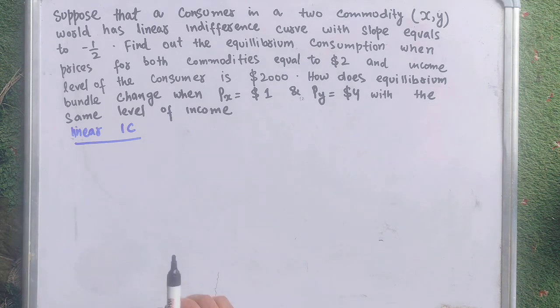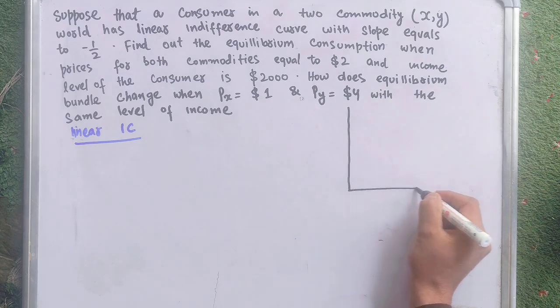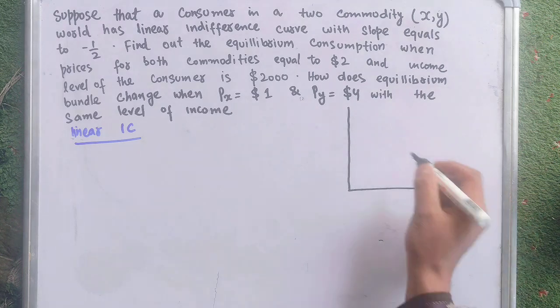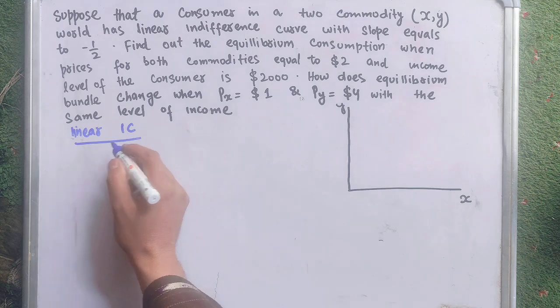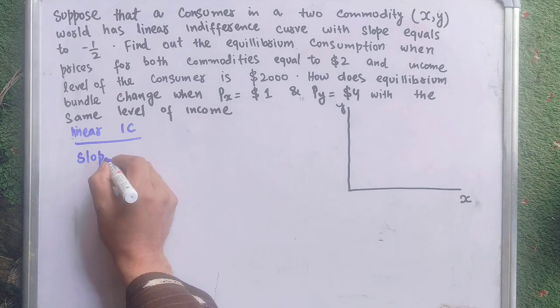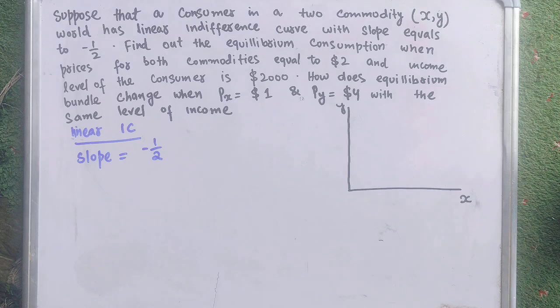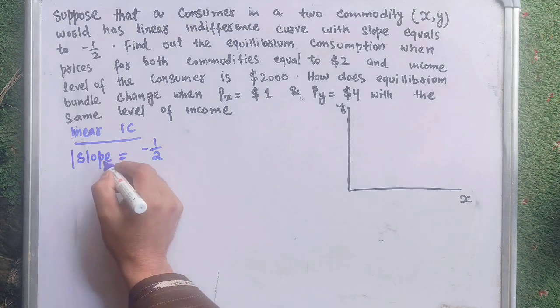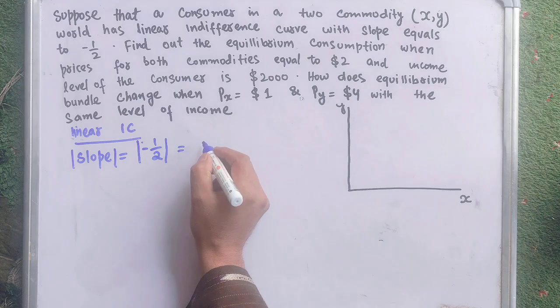Now when we have a linear indifference curve, if I draw the graph here to make things clear, let us say we have X on the horizontal axis, Y on the vertical axis. These are the two goods. Now we have a linear indifference curve and its slope is equal to -1 upon 2. Okay, let's take the absolute slope because we are interested in absolute slope.